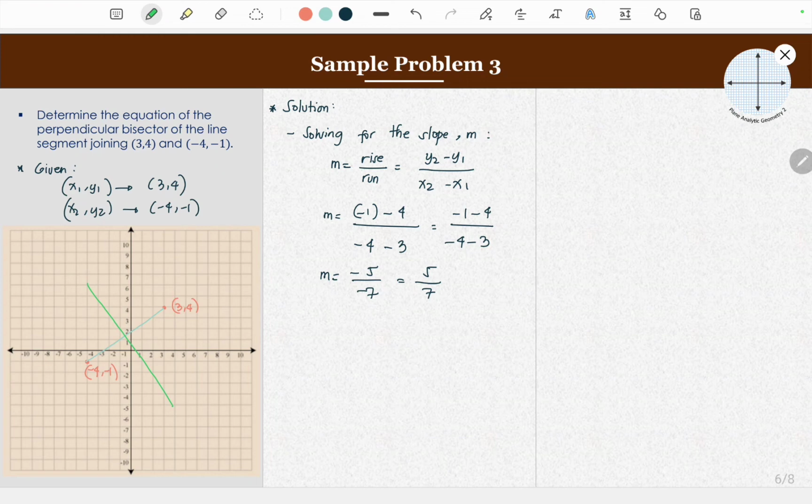So since it bisects, it divides the line segment in blue color into two equal parts. Therefore, this is the midpoint of the 2 points here, and this line here, the green line, makes 90 degrees. So since it is perpendicular, so this is 90 degrees. Okay, so this is a line.